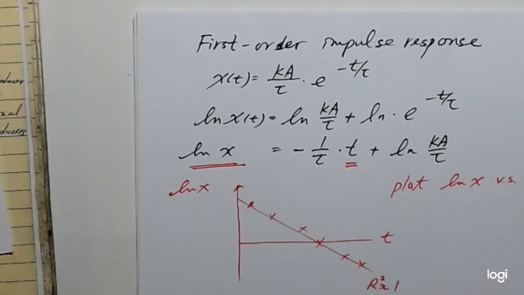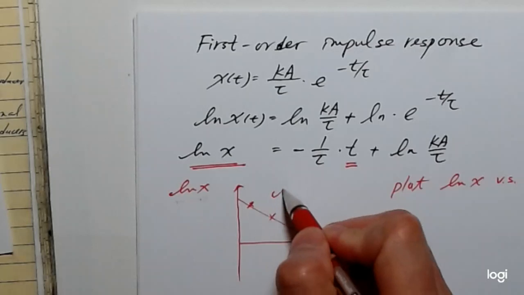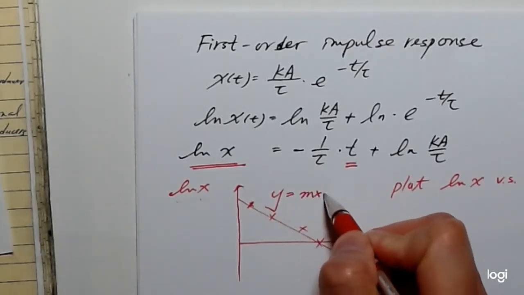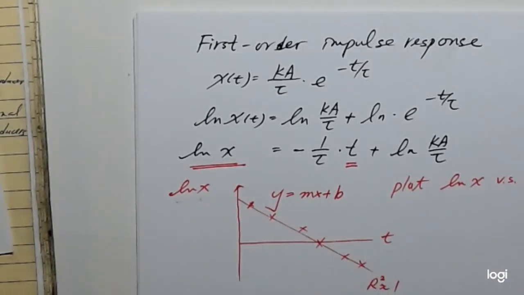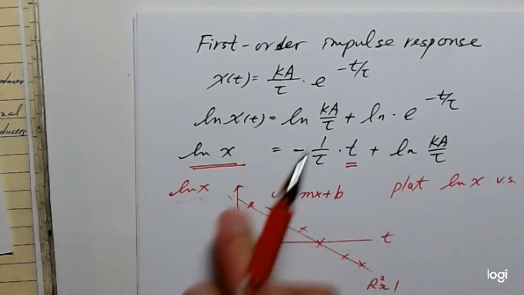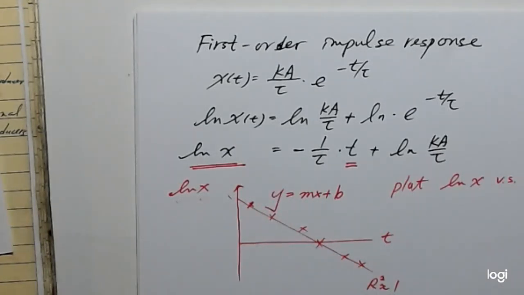So your justification for the engineer's claim is you plot natural log x versus time to see if you can get the r squared value close to 1 when you set the equation y equal to mx plus b. And if the r squared value is close to 1, meaning you do have a first order system response, impulse response.